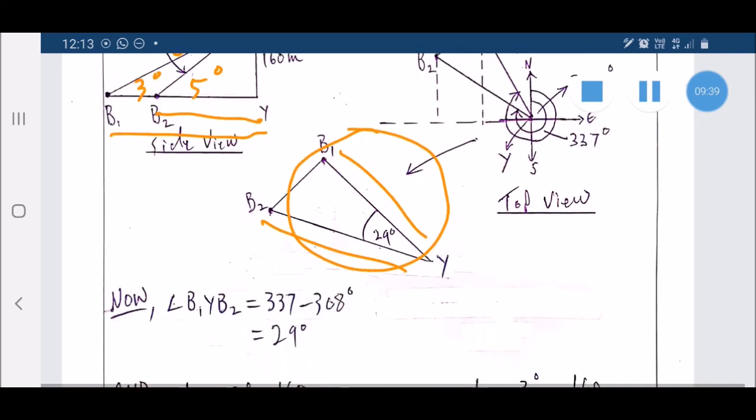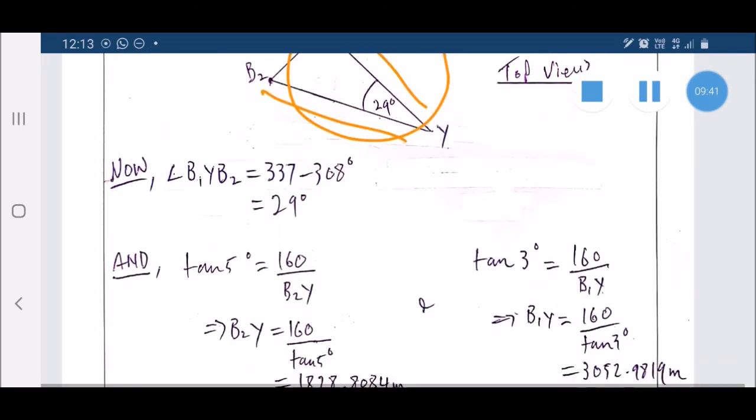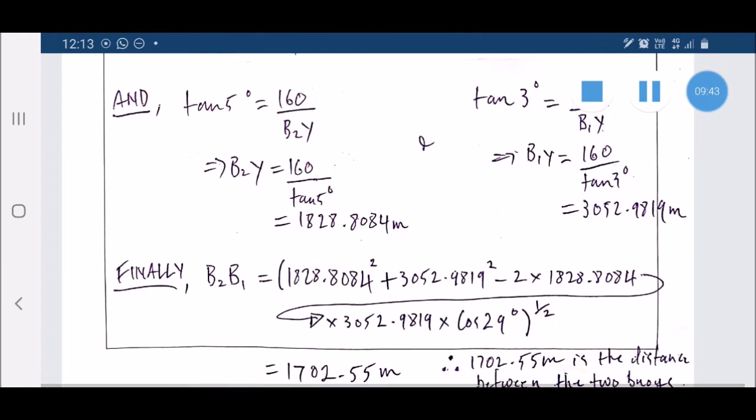So, if we just scroll down, taking the tangent of the 5 degree angle, we get 160 over B2Y, that's just opposite over adjacent. Rearranging that for B2Y, we get 160 over tan of 5, which is round about 2 kilometers, 1,828.8 odd meters.